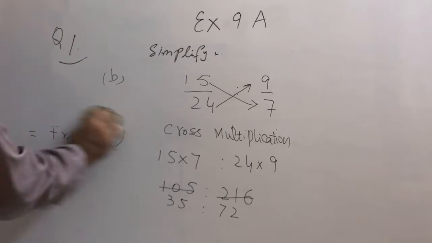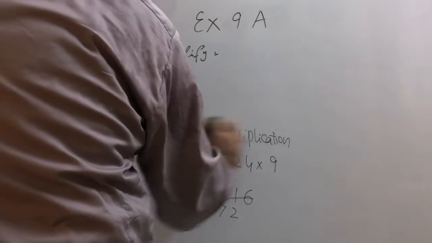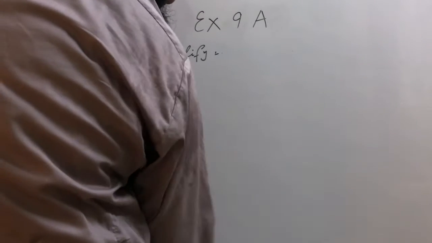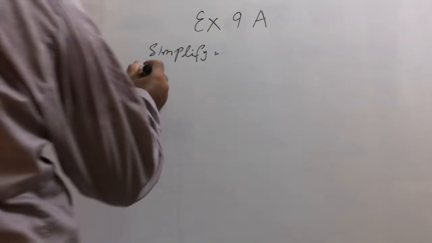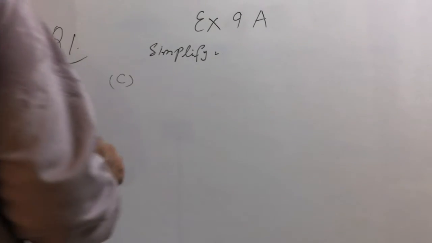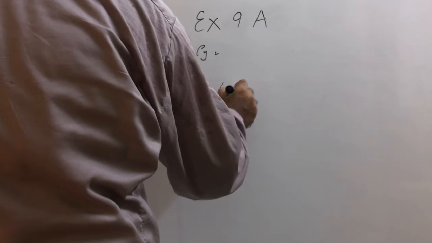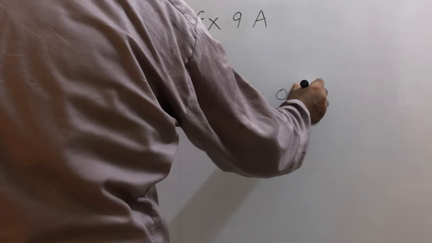So I am doing slowly so that you should have a proper sense of the steps, how to do the steps. Part C says 0.45 ratio 0.85.